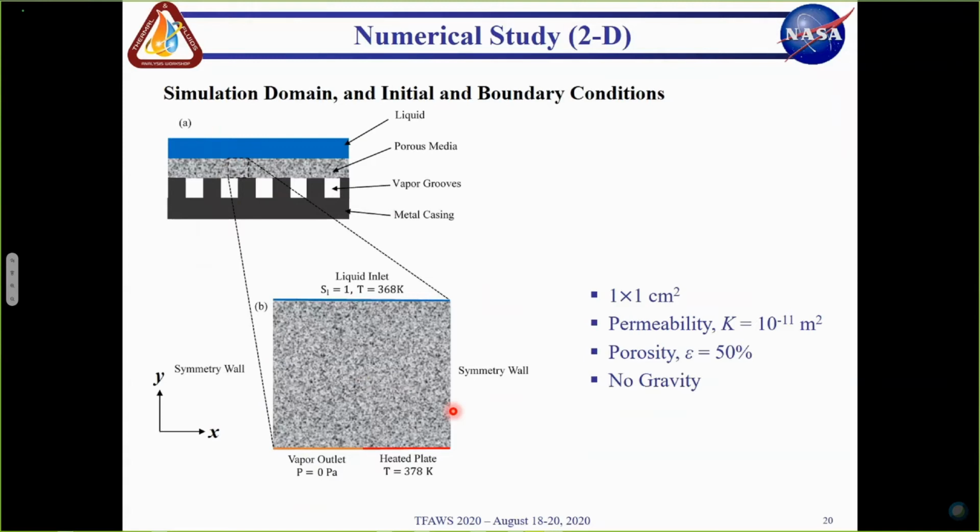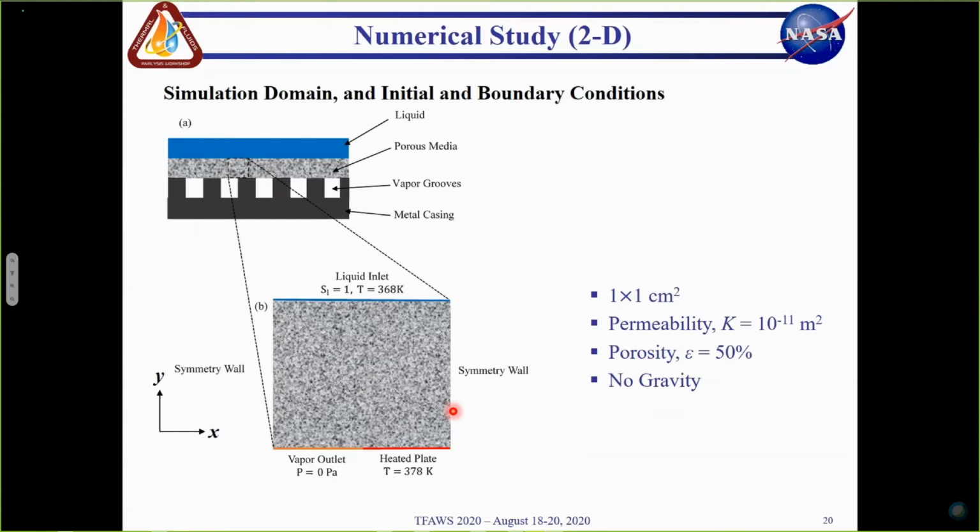Here, the metal casing is the heat source. This 1 by 1 centimeter square porous media is initially fully saturated and has a permeability of 10 to the power minus 11 square meters and porosity of 50%. There is no gravity imposed here.